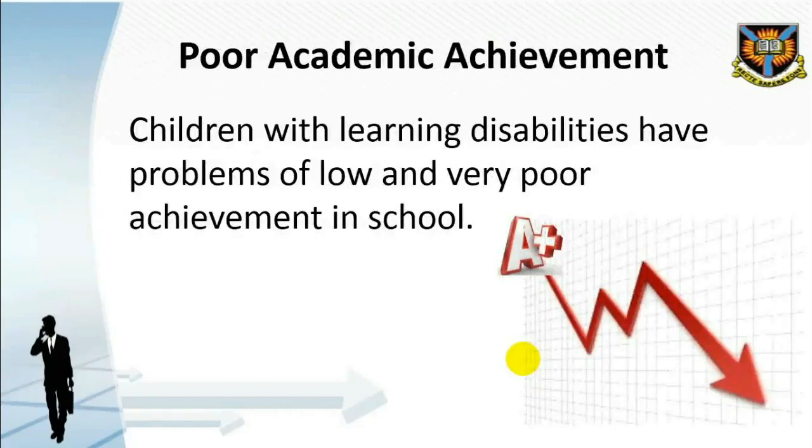Anyone would know that something is definitely wrong somewhere. Not only are they performing below their peers, they also achieve below their potential at a very significant level. This could be in any subject area or in all areas.